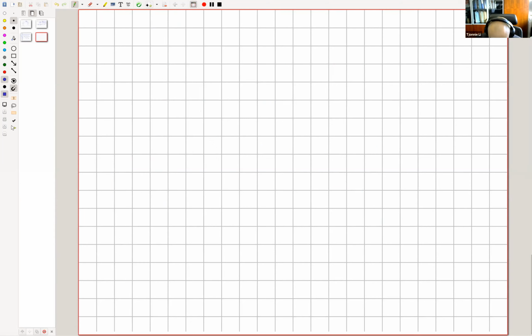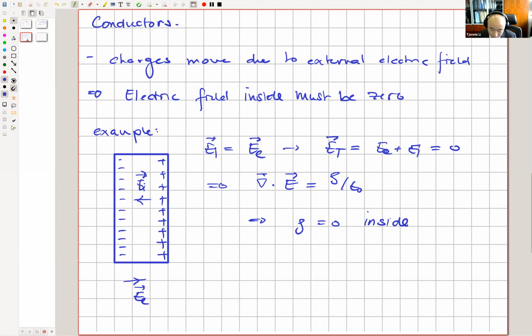Okay, so as I've drawn in this picture here, we can more or less speculate where the charges are.